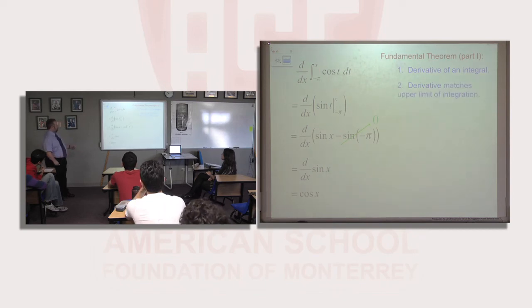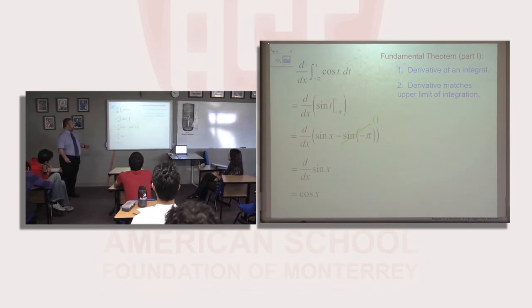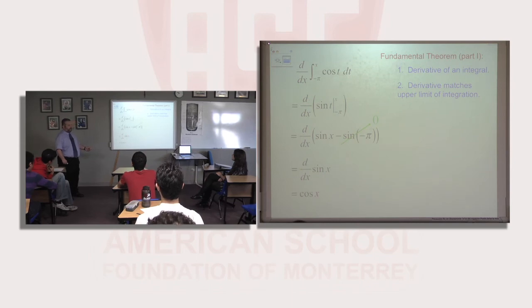Yeah, I think it is. We have an x there, we have an x there. The third criterion is the lower limit of integration. Is it a constant? Yes, it is.